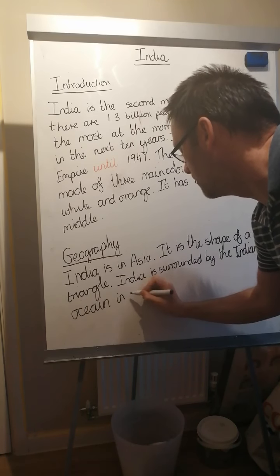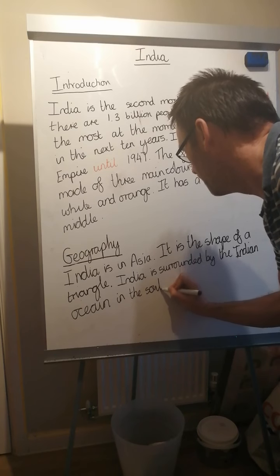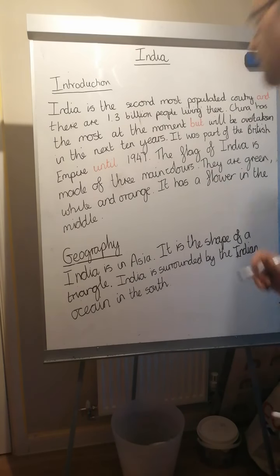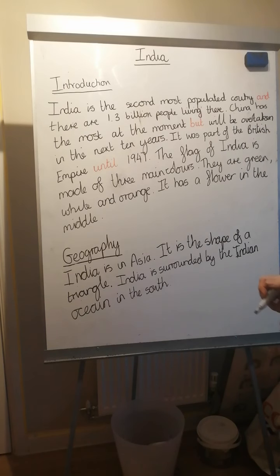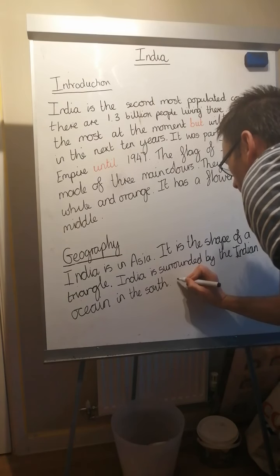So that's at the bottom. Can't really put at the bottom. In the south. So what's in the north then? Well, that's everything else. So at the north of India, at the top, is the Himalayan mountains. So let's write that down.